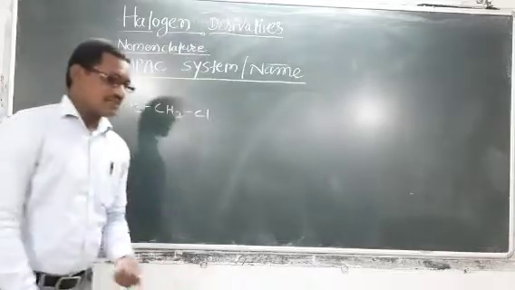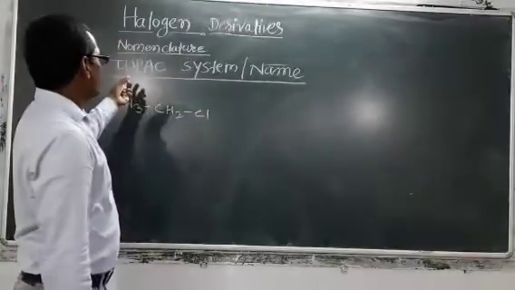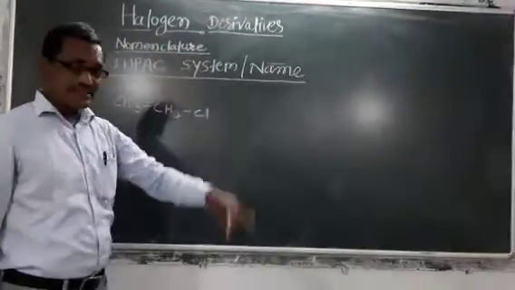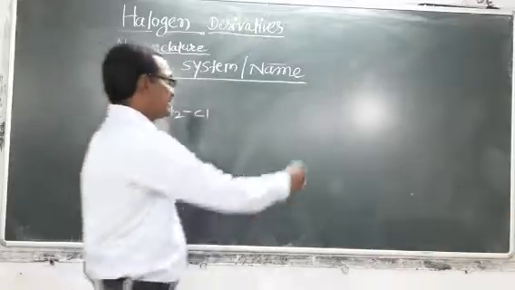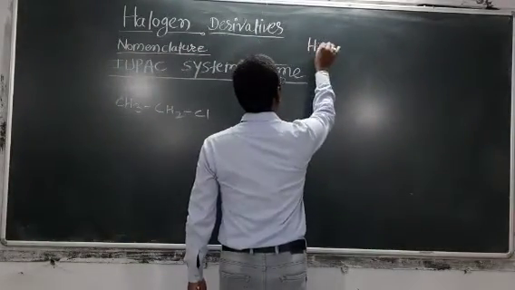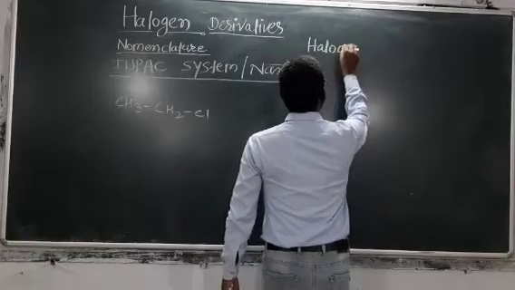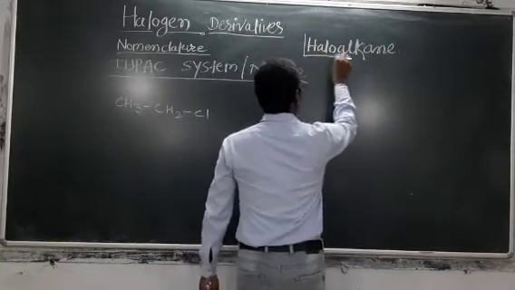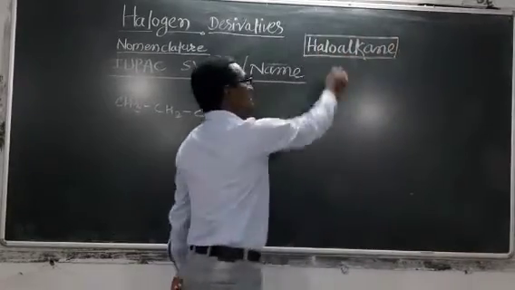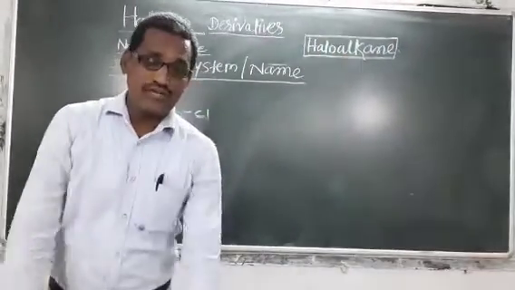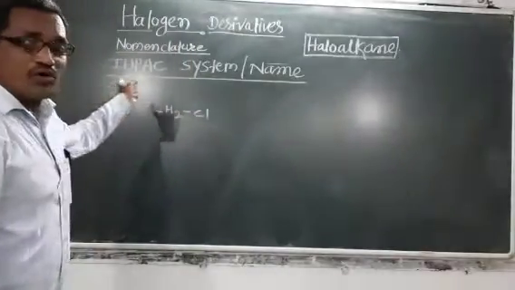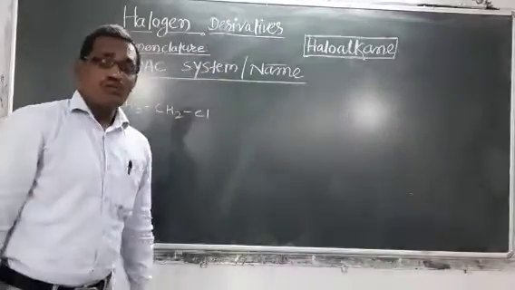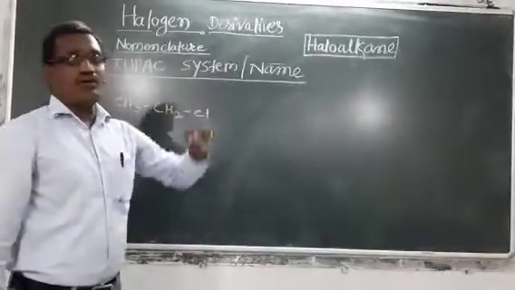Before explaining this example, I want to clarify: when we name halogen derivatives according to the IUPAC system, we have to give it as a haloalkane. According to the common name system, we gave the name for a monohalogen derivative as an alkyl halide, but in the IUPAC system we have to nominate it as a haloalkane.